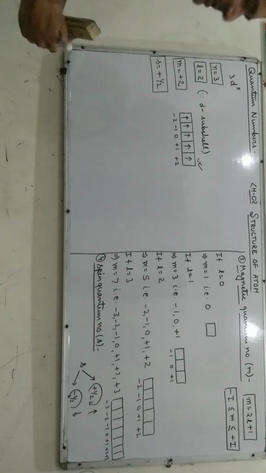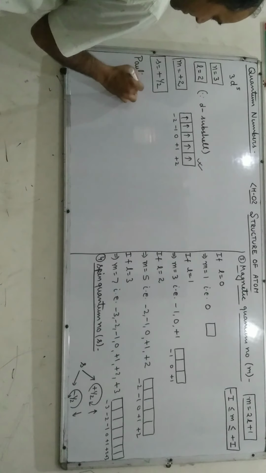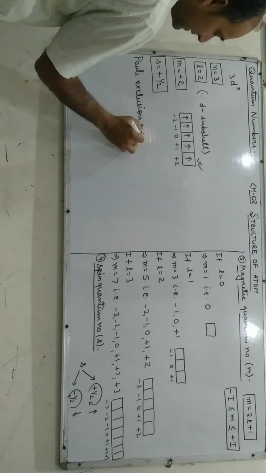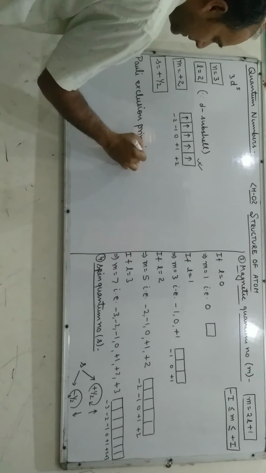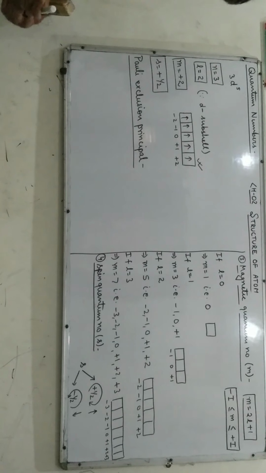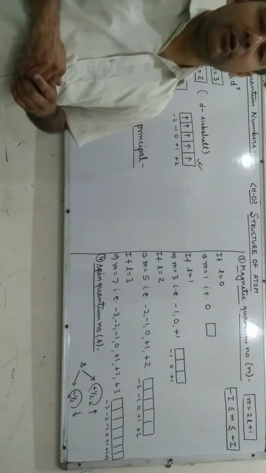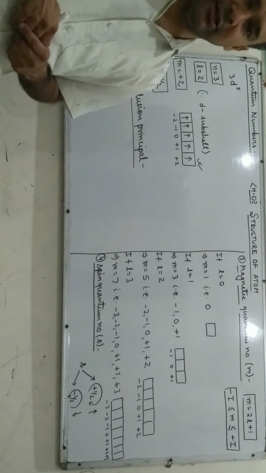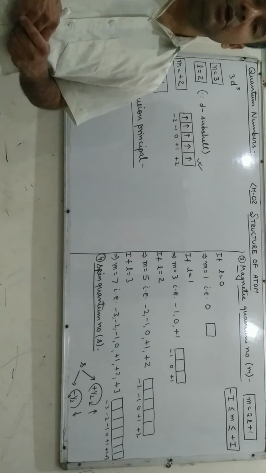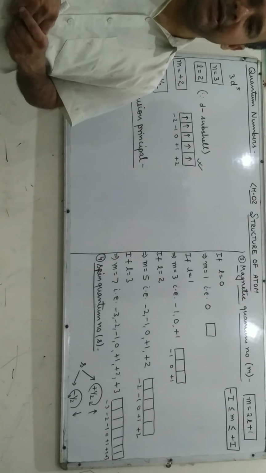Now, let us discuss Pauli's exclusion principle. According to Pauli's exclusion principle, no two electrons of an atom can have all quantum numbers identical.